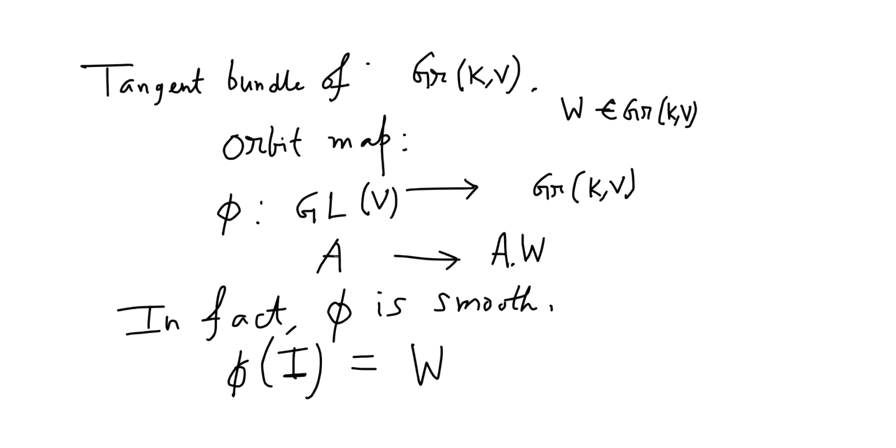The point identity goes to W, because I dot W is just W. I is the identity linear operator on V. So I can differentiate the map: take the differential d phi at the point identity. This is a smooth map, so I can take the differential of phi at the point identity.